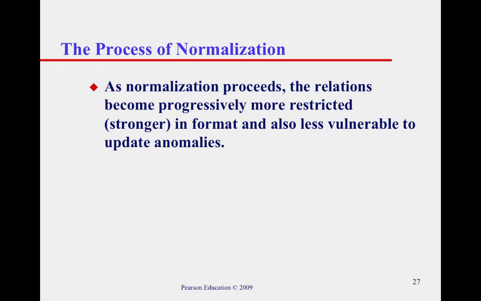Just like with chasm traps, they solved one problem but introduced redundant information. Once you get up to fourth normal form, while it's stronger, you're also starting to give up efficiency or introducing other problems. So higher normal forms are definitely good up through Boyce-Codd normal form. Beyond that, you may be into trade-offs between data consistency and efficiency.